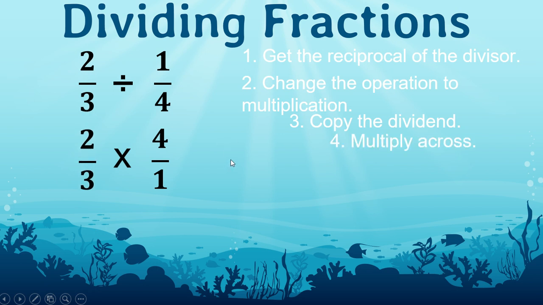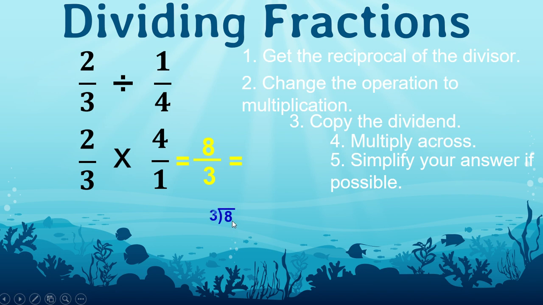Okay? Step 4, multiply across. So, i-multiply mo lang 2 times 4. We have 8. 3 times 1, we have 3. And lagi kong sinasabi, the last step is always simplify your answer if possible. So, this is possible to simplify kasi improper fraction siya. So, gagawin natin siyang mixed number.